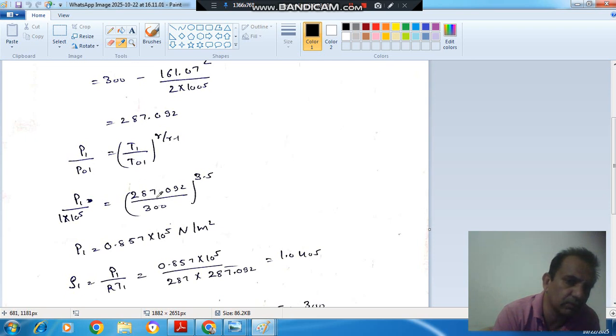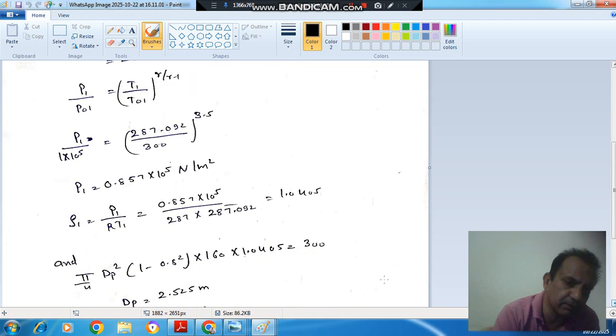So that is 287.092, and this is 300, and this is 3.5, and P01 is 1 bar, so P1 comes as 0.857 into 10 to the power 5 Newton per meter square. And using the state equation, we can find out density, that is 1.0405 kilogram per meter cube.